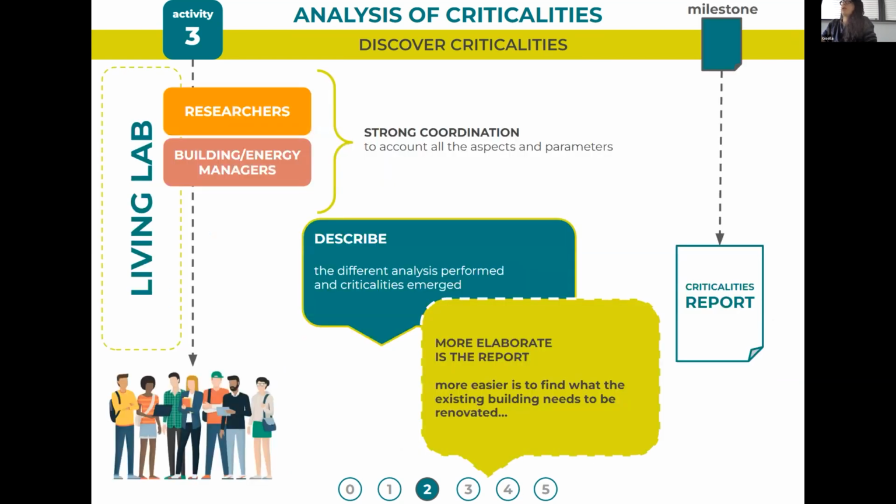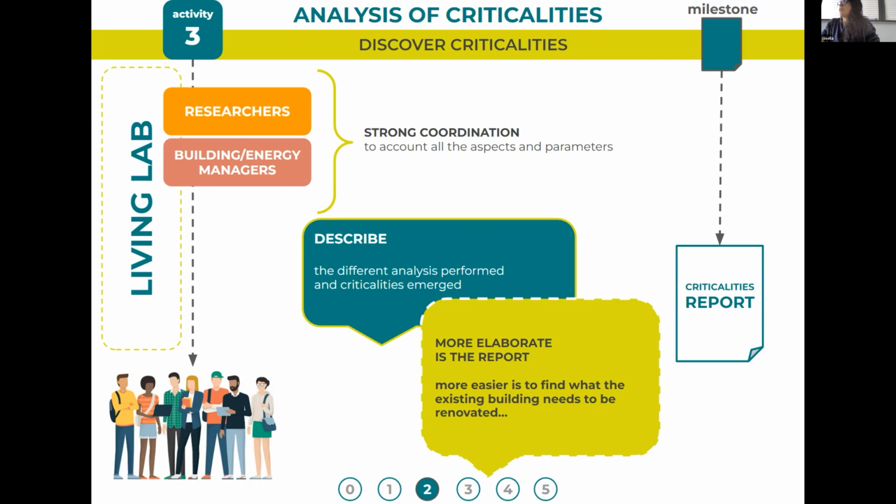The activity of discovering criticalities is performed by the two actors, researchers and building and energy managers, and they have to strongly collaborate and be coordinated in order to account for all the aspects and parameters that, if we consider the four main renovation aspects, can be a lot to look at. This activity finishes with the definition of the milestone report of criticalities.